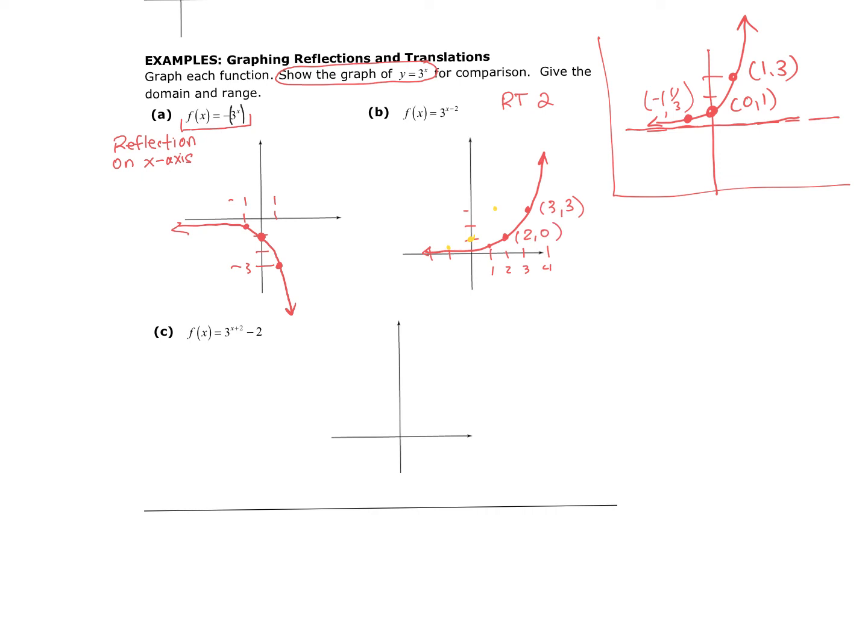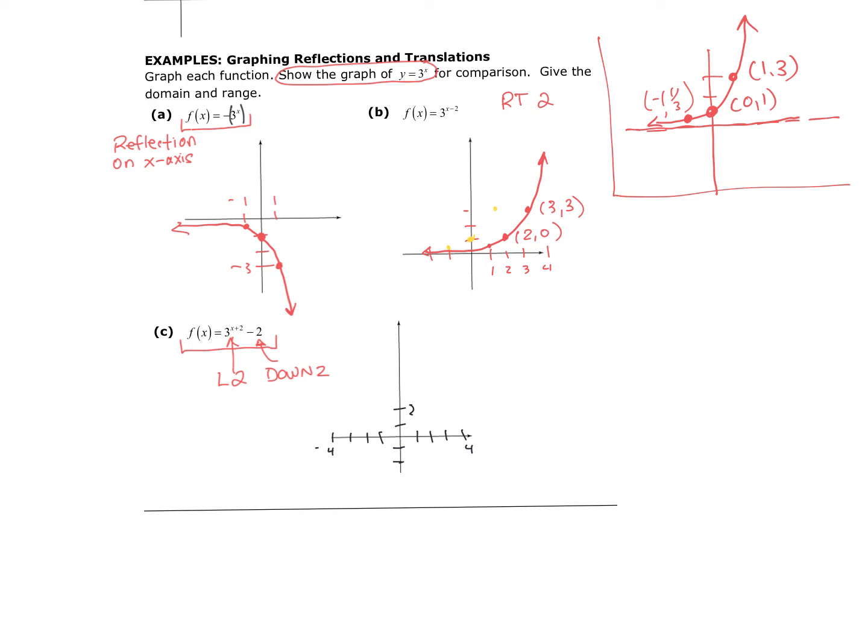For our last example, we've done a couple of things. We have here a horizontal shift. Since it's plus 2, it's going to be left 2. And then this minus 2 here is going to say we're moving down 2. So in this case, not only does our graph move, but remember our asymptote is also going to move.